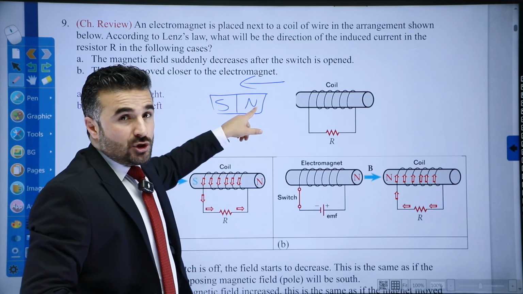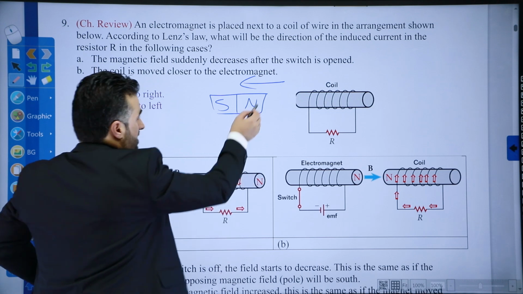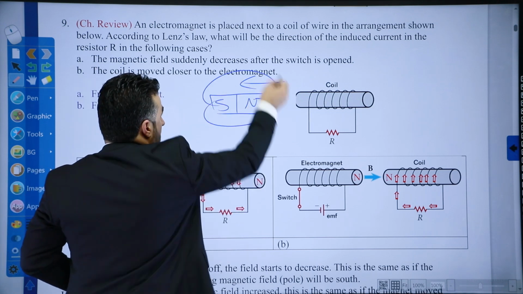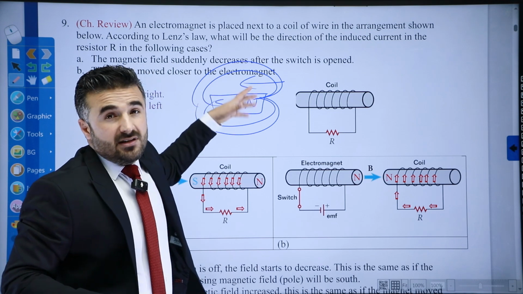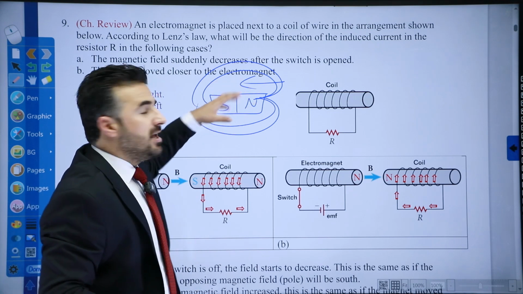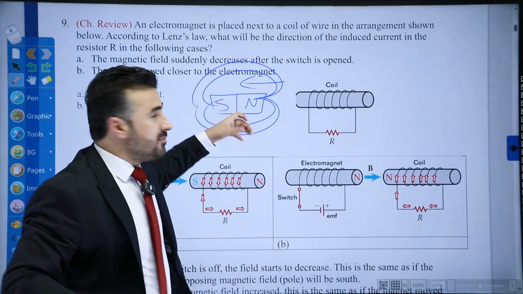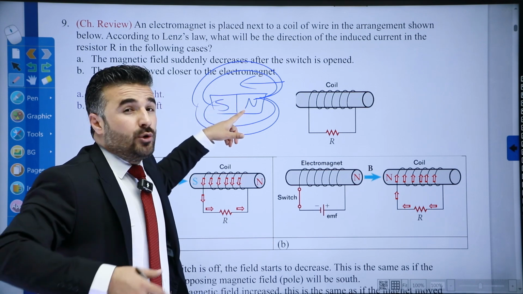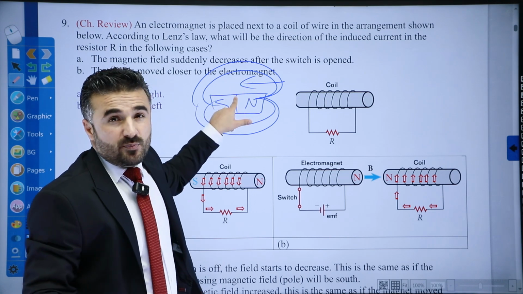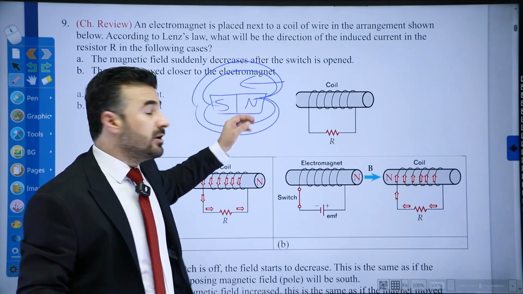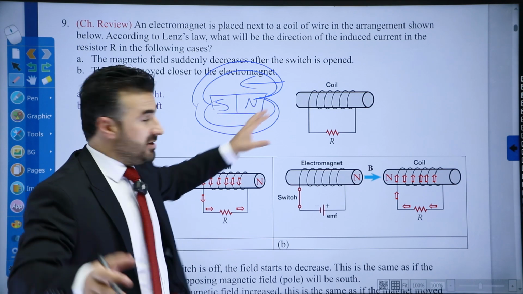Imagine there's a magnetic field line. By the way, this magnetic field line comes from the coil, but since this coil behaves like a permanent magnet, in order for you to understand easier, I've just replaced it with a permanent magnet because it would be easier to understand.